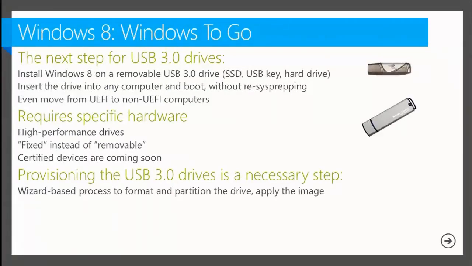We need to put multiple partitions on it so that we can boot these drives either on UEFI or non-UEFI systems. So there are a list of about 6 or 7 certified USB 3.0 drives, SSDs, USB keys, hard drives where you can put Windows onto it, and they will boot up just fine and work as Windows to Go drives.